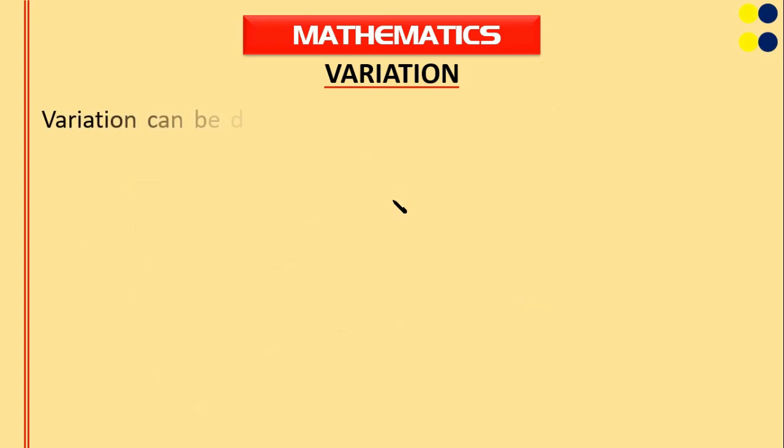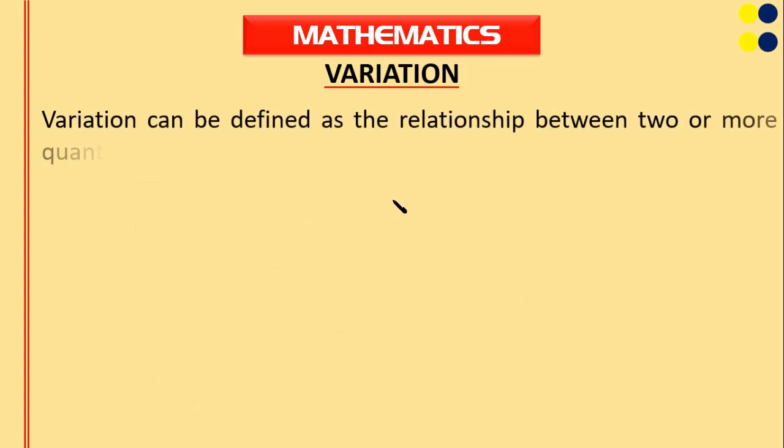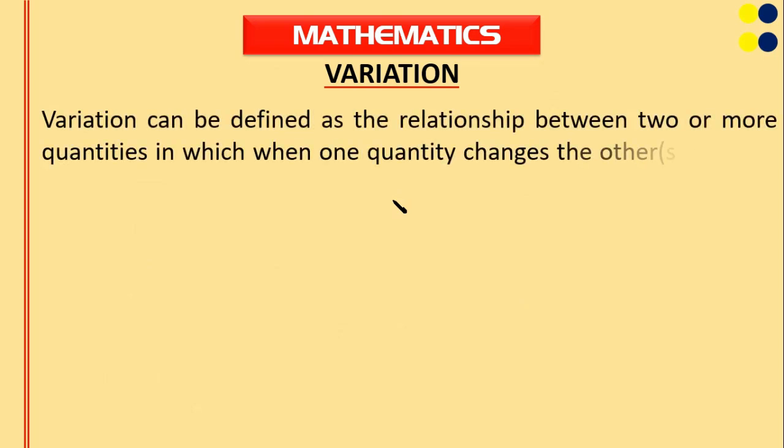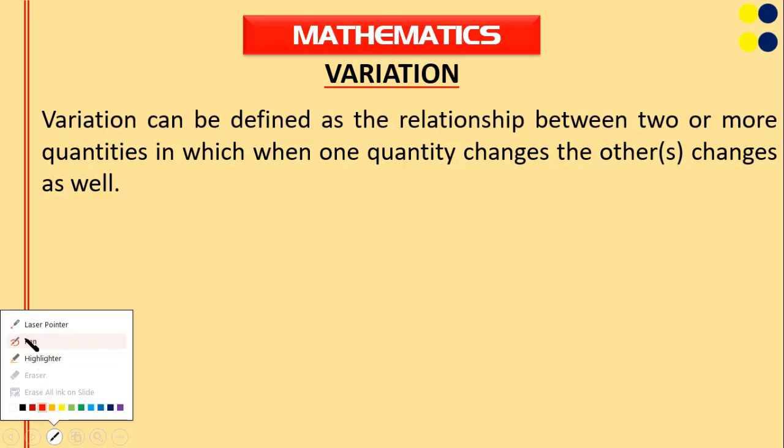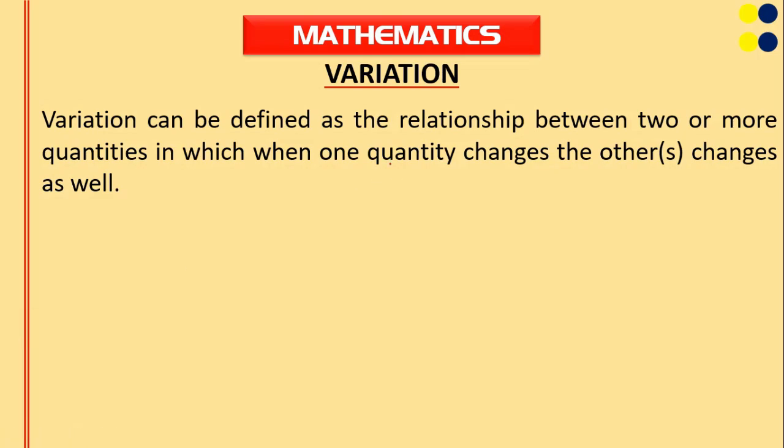By definition, variation can be defined as the relationship between two or more quantities in which, when one quantity changes, the other or others change as well. What we are saying in essence is that in variation, quantity, when we say quantity, we're talking about amounts of certain things, like time is a quantity, distance is a quantity, speed is a quantity.